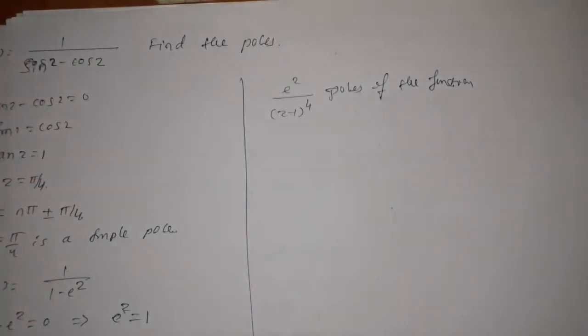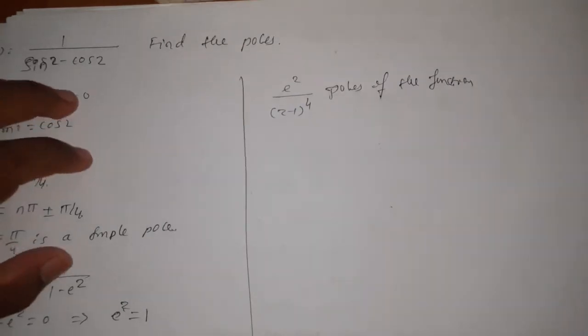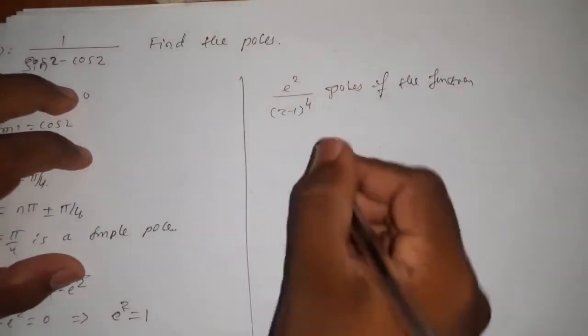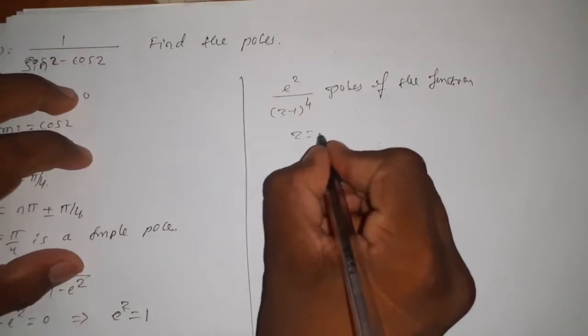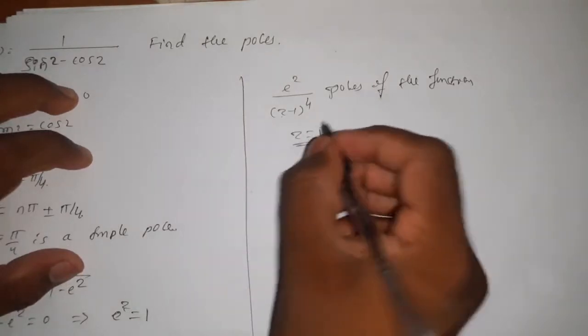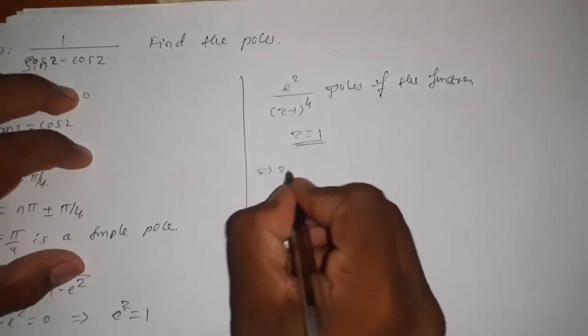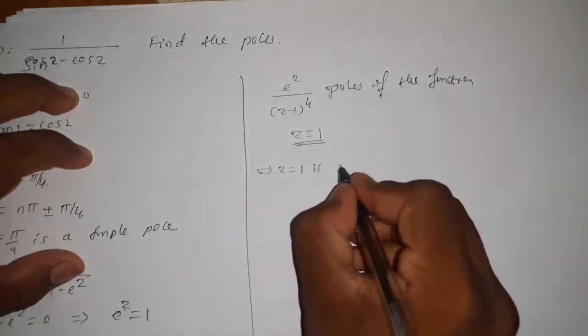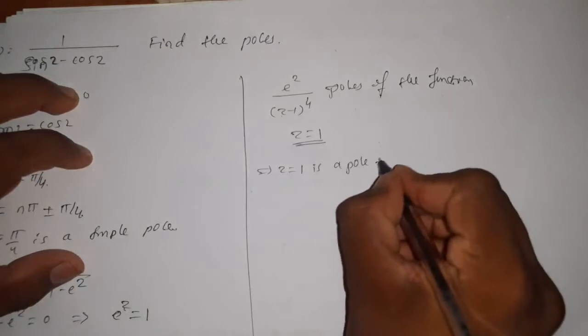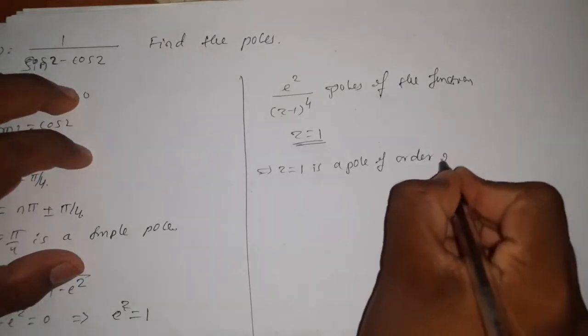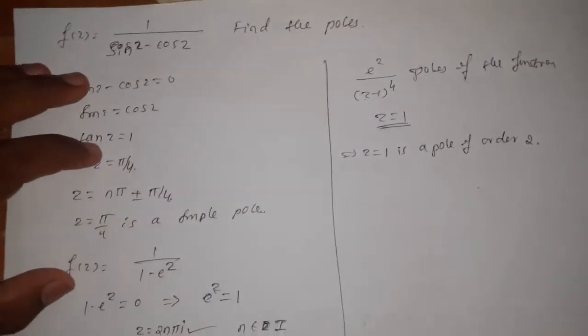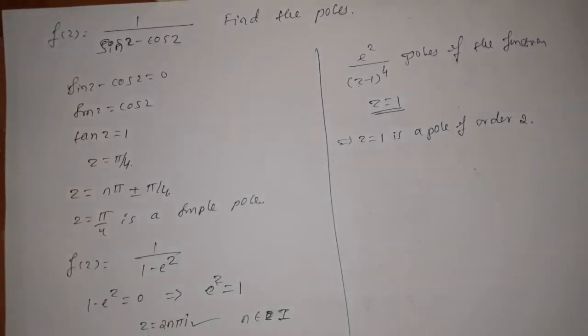We can directly tell that if we equate z minus 1 equal to 0, we get z equal to 1, and the power of that factor is equal to 4. It implies that z equal to 1 is a pole of order 4. So therefore these are some examples on finding the poles and zeros of the given functions.